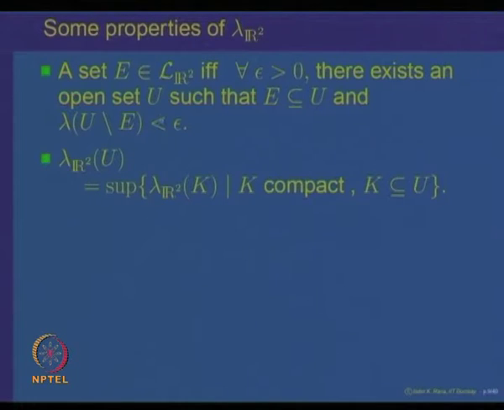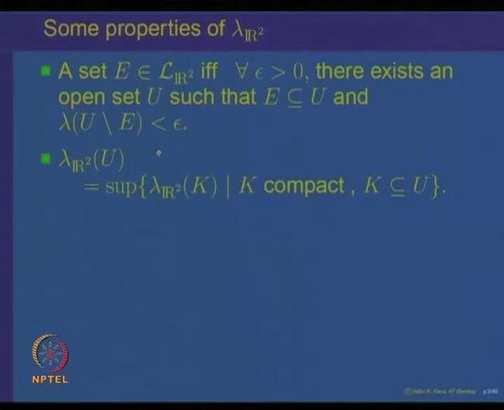Another result is that the Lebesgue measure in R 2 can be approximated from inside by compact sets: the supremum of lambda of R 2 of K, where K is compact. These are called regularity conditions for the Lebesgue measure in R 2. We will not prove these results; I am mentioning them just for the sake of knowledge, so that later on if you come across them, you can look at the proofs.